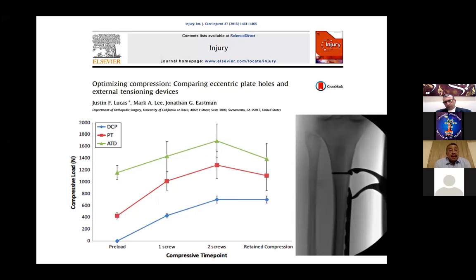And this is a mechanical study published in the Journal of Injury about optimizing compression, comparing the three mechanisms, the eccentric screw versus the articulated tension device and the pull technique. You can see the best one is the articulated tension device in exerting compression, followed by the pull technique, and lastly, the eccentric screw.